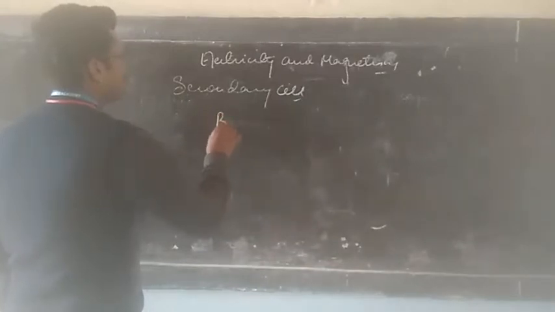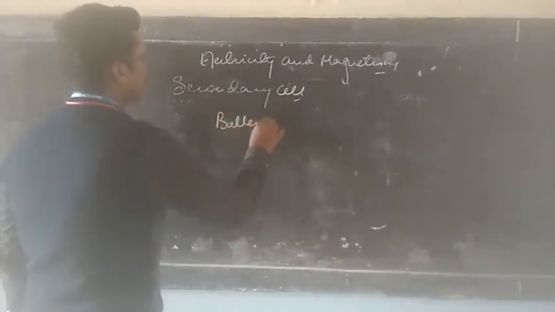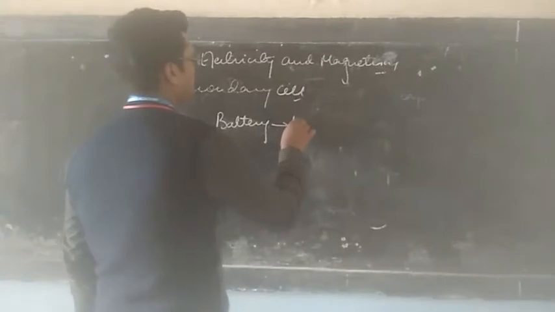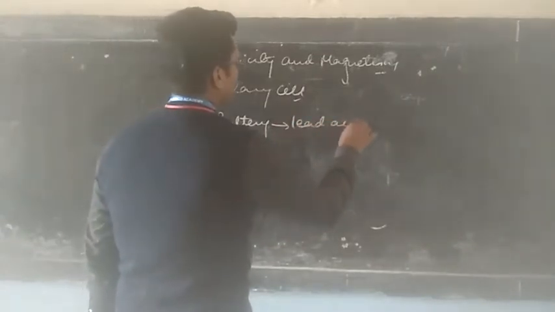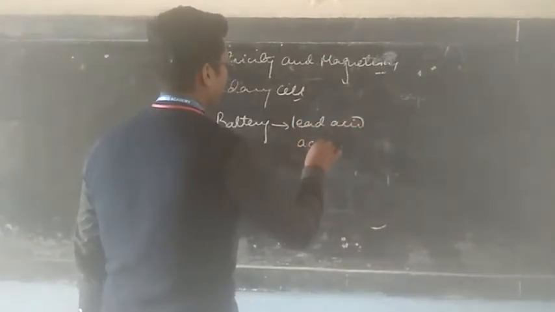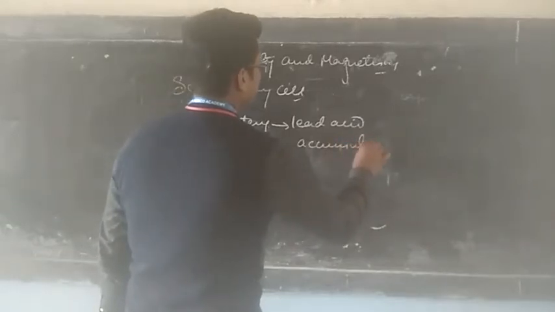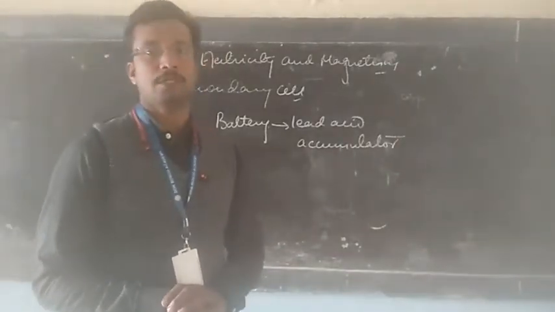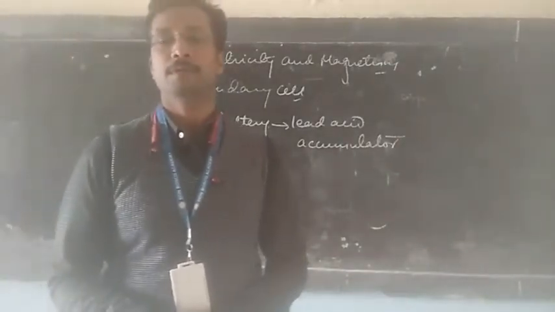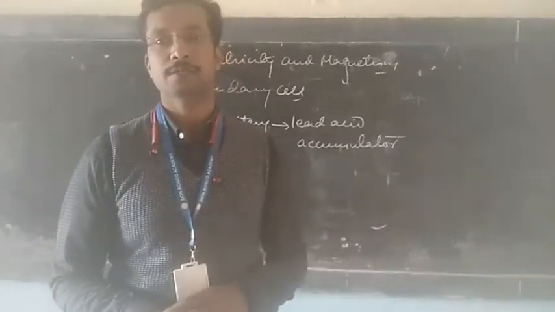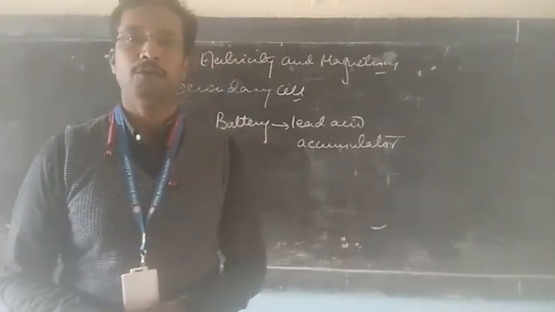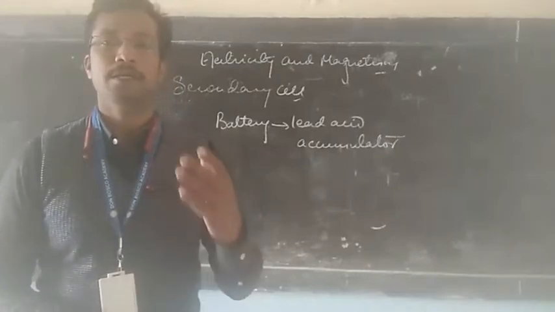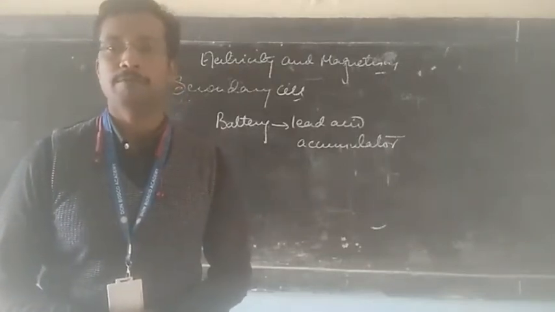The very common example of secondary cell will be the battery, which is also called the lead acid accumulator. And you find these kinds of batteries generally used in vehicles like cars, trucks, etc. And also we use this battery in charging the inverters.